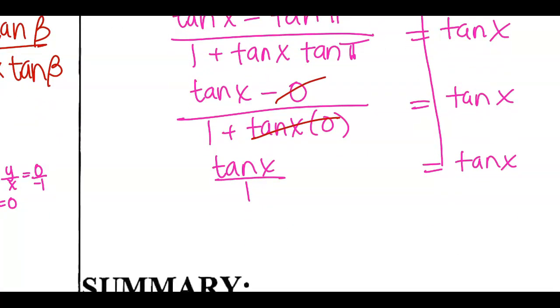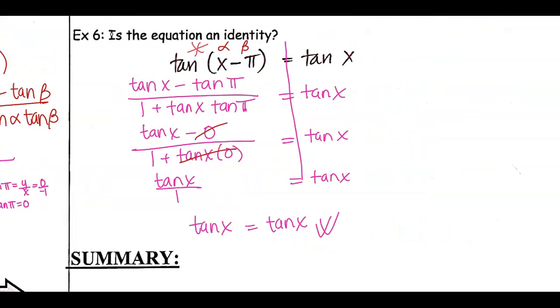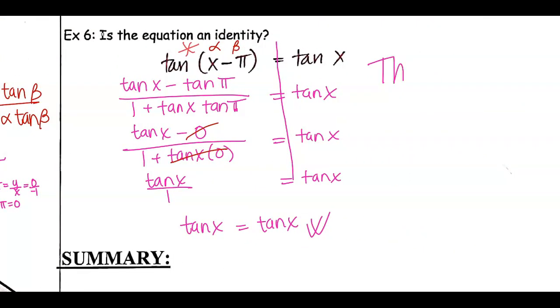Tangent x over 1 is just the same as tangent x, which equals tangent x. Both of them are the same, which means, let me write this over here to the side, this is an identity. This matches up, it's an identity.